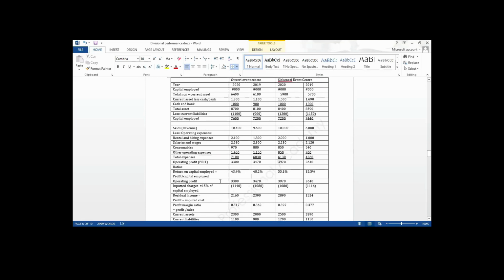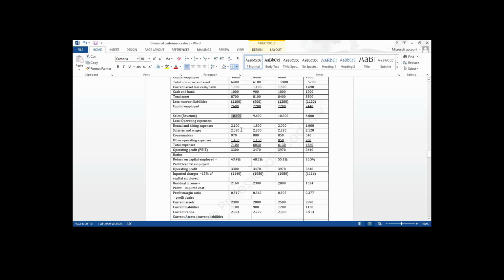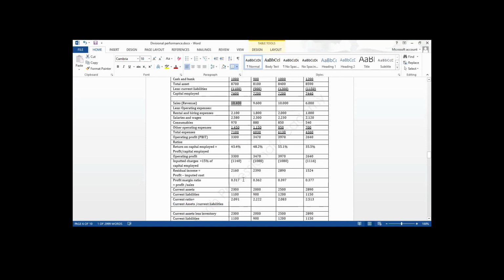Look at it now. Operating profit under Owerri 2020, 3,300. Revenue 10,400. Please divide 3,300 divided by 10,400 multiplied by 100 over 1. What do you have? 31.7%.